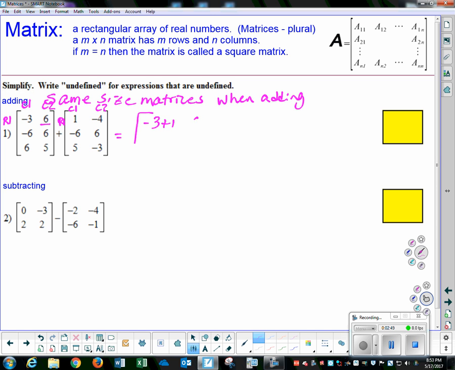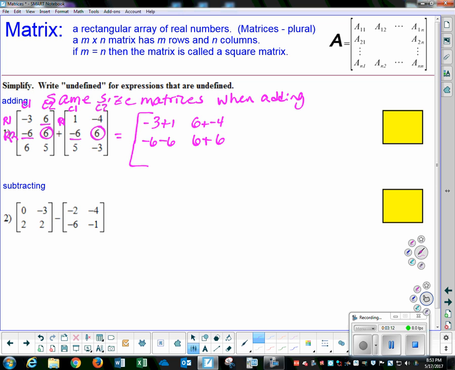Then I'm going to put row 1, column 2 with row 1, column 2. So I'm going to take 6 and add -4 to that one. Now I'm moving on to row 2, and I'm going to take row 2, column 1, -6, and add it with -6. And row 2, column 2 with row 2, column 2 makes 6 plus 6.